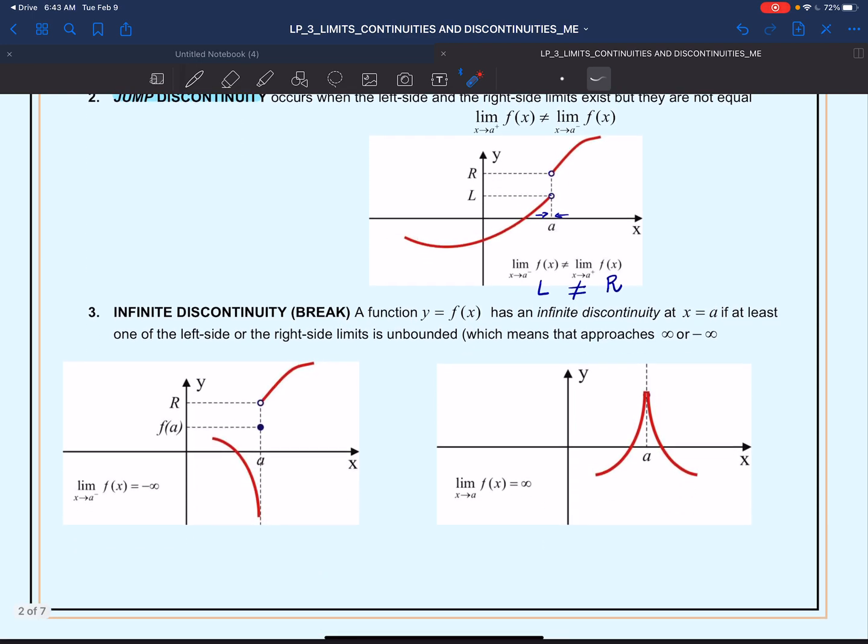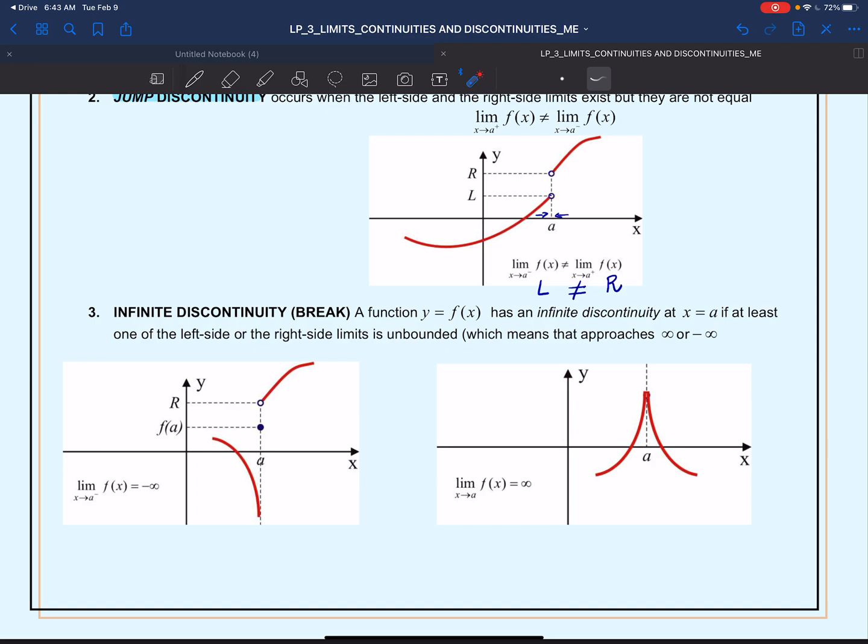Now, infinite discontinuity is also a break, but the size of this break is not a defined interval like in the jump discontinuity, but it's infinite in length because the jump here will have the size of infinity.